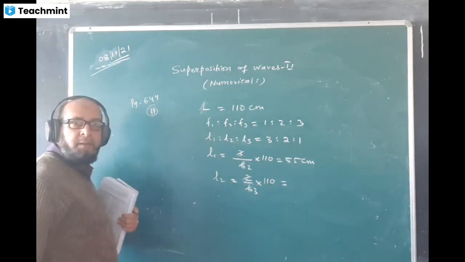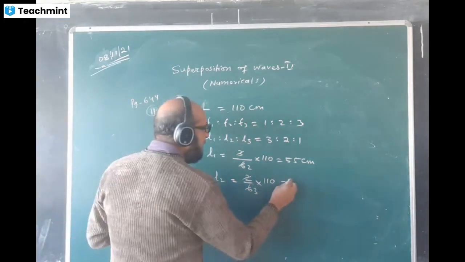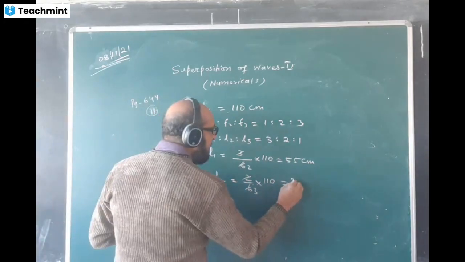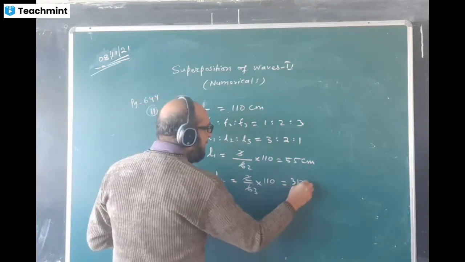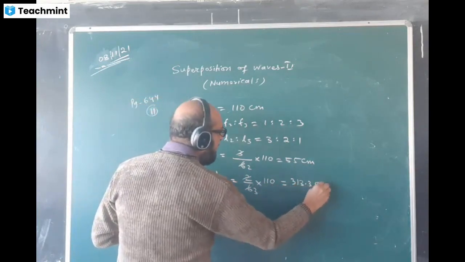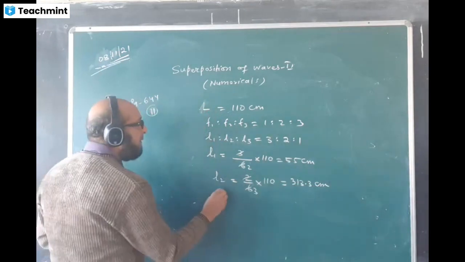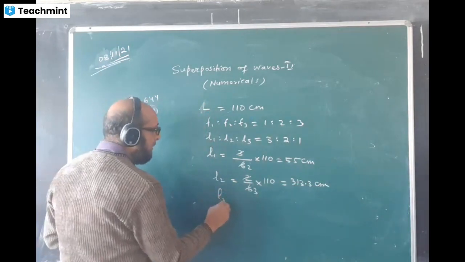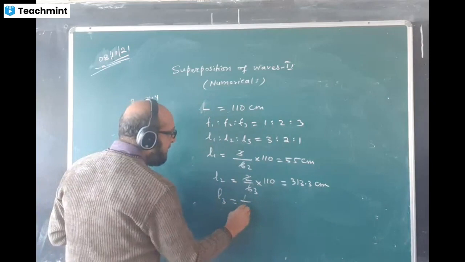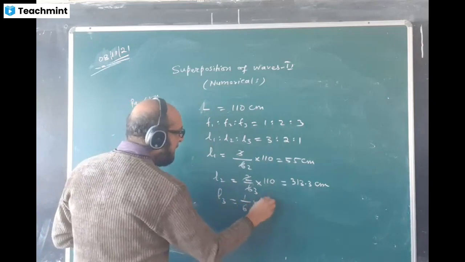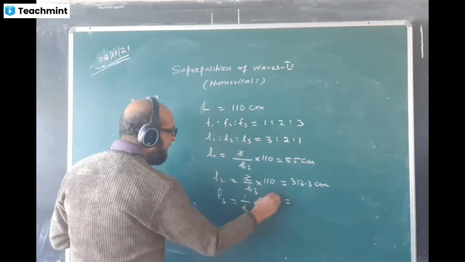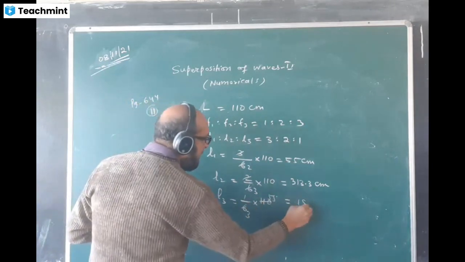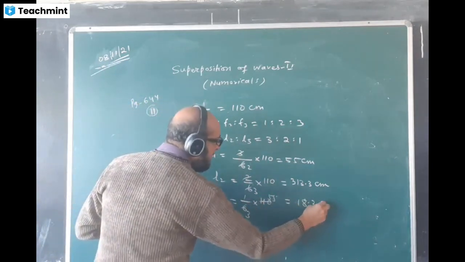What is the answer? 3 3s are 9 and 313.3 centimeters. And the last value will come, L3, that is 1/6 into 110. The answer comes 2 3s are 6, 55 by 3, 18.3 centimeters.